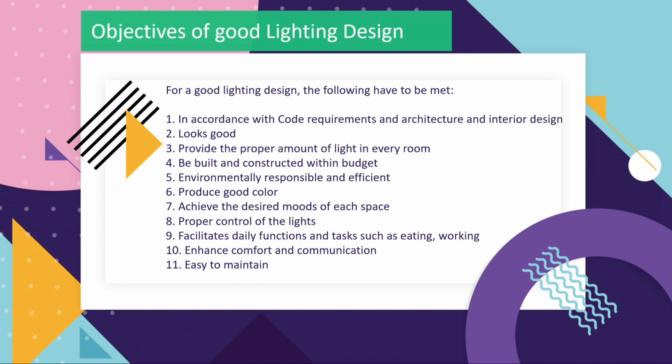In accordance with code requirements and architecture and interior design. Lighting design must be meticulously aligned with code requirements and principles of architecture and interior design. By understanding the local regulations, integrating lighting and architectural features, ensuring appropriate lighting levels, and prioritizing energy efficiency, you can create a safe, functional, and aesthetically pleasing environment.